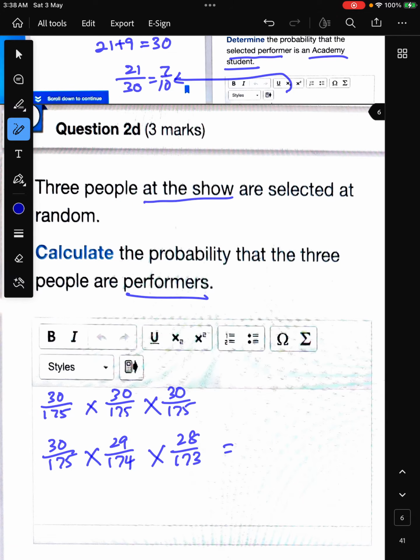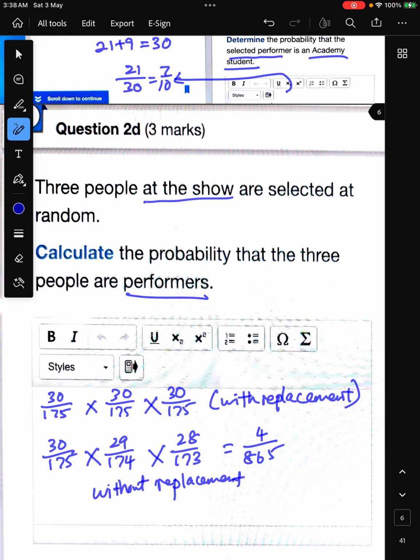If you work this out, you should get 4 over 865, something like that. So this is without replacement, and the earlier one is with replacement, so either method is going to be fine.